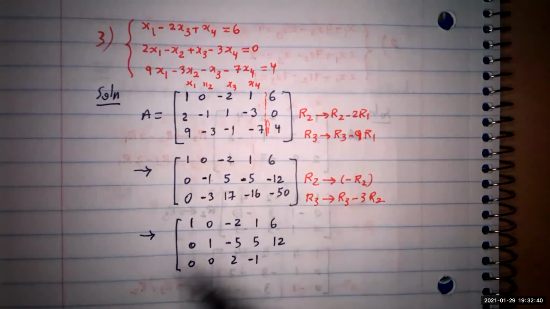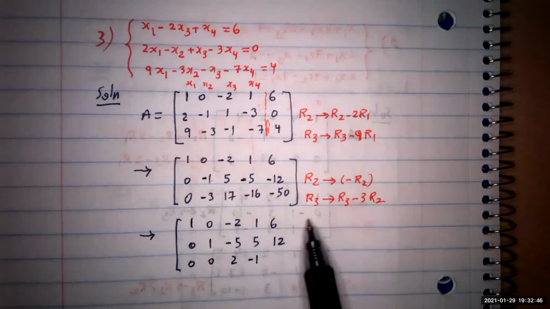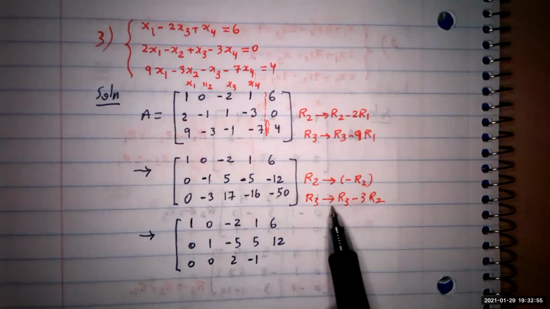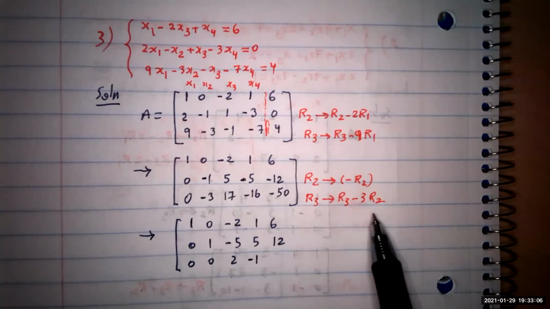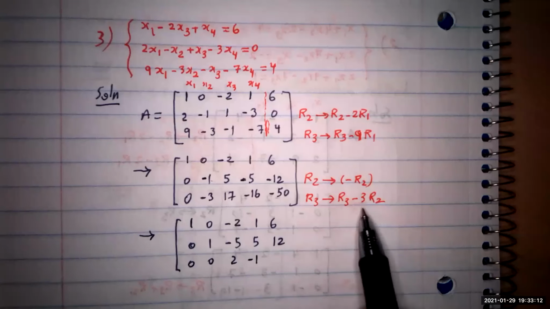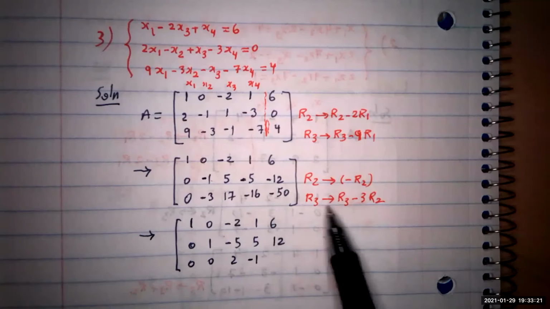Okay, so that would give us 3R2. I just double check, make sure I got it all right. Yes, that's fine. Okay, I'm just checking these numbers to see what I got here. Okay, so that's going to be 0, negative 2, and negative 1. So negative 3R2, I just double check, make sure you get the correct one.